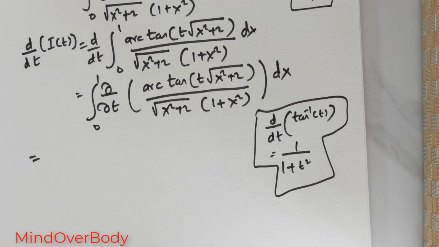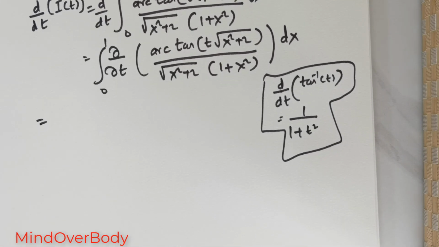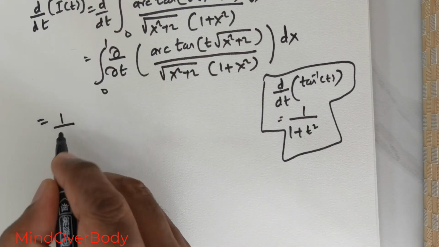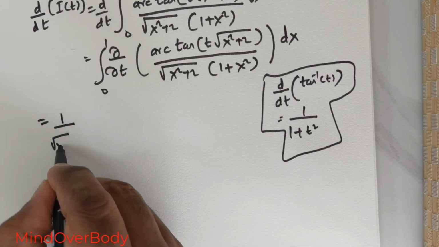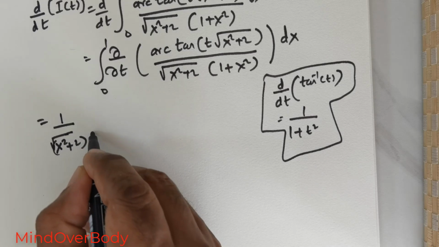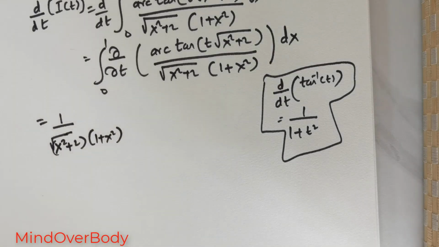So having said that, let me go and differentiate that. This part has no role to play, so let me write that part out: root of x squared plus 2 times 1 plus x squared.